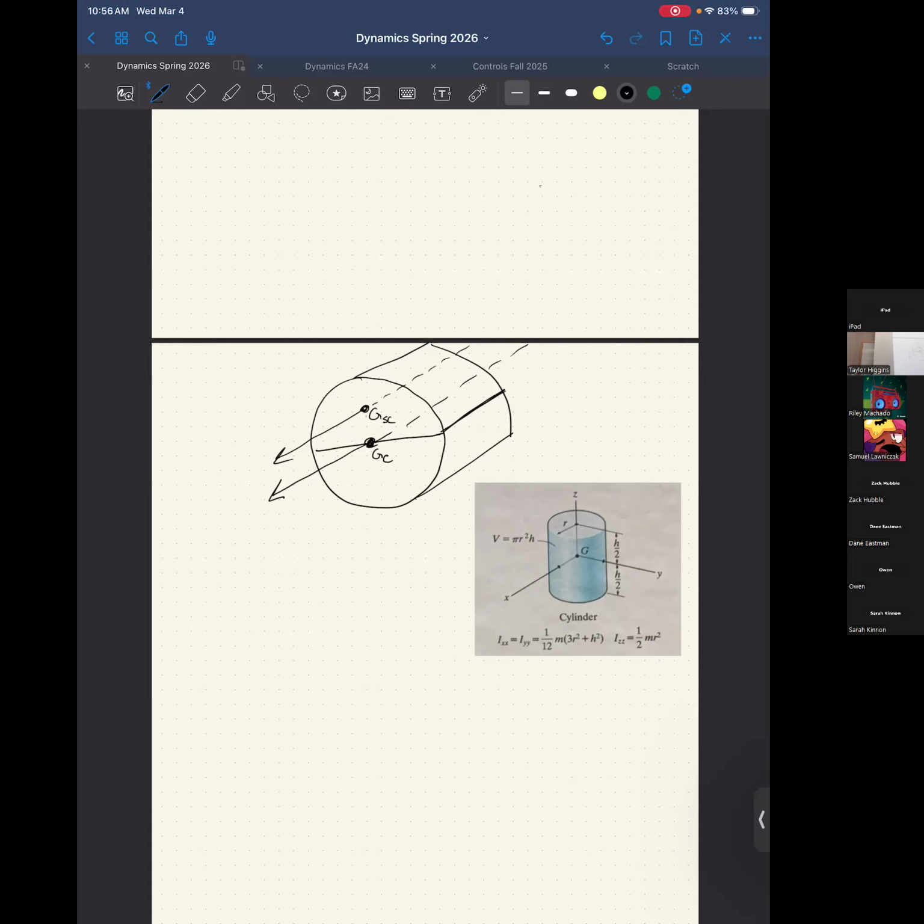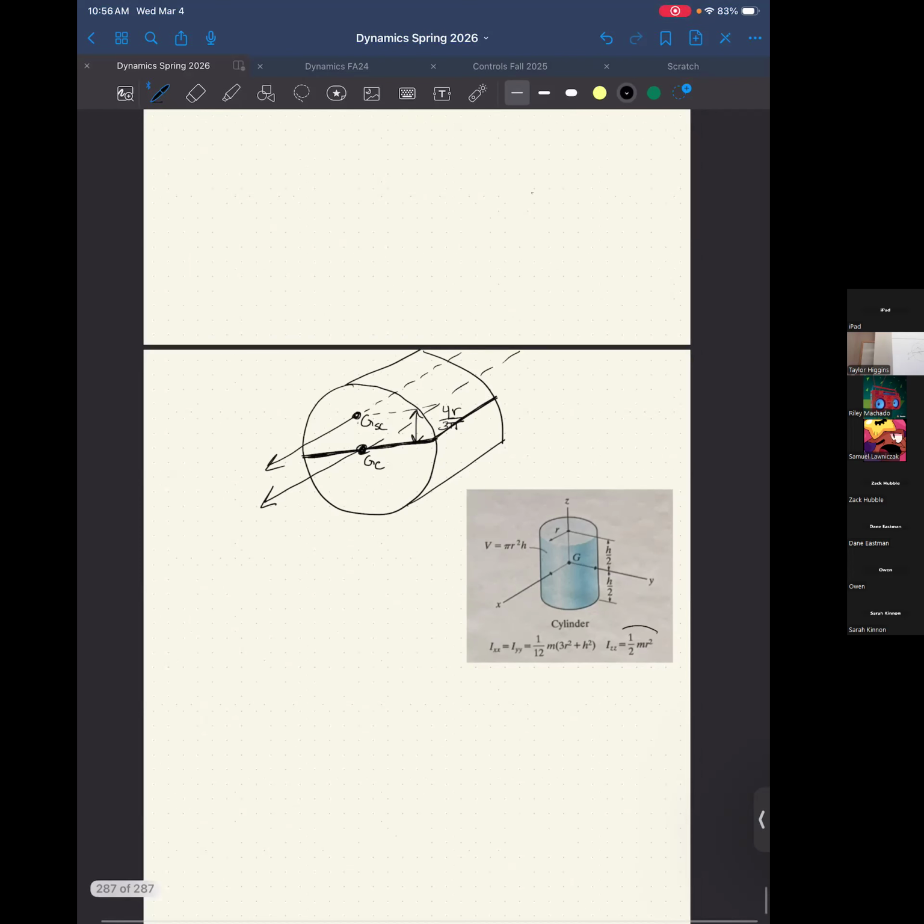I just looked up online, the center of mass for a half cylinder is 4r over 3 pi distance from the long side. I just got that from the internet. And then you say, okay, well, I know the total mass moment of inertia for the full cylinder about GC, because that's this one.